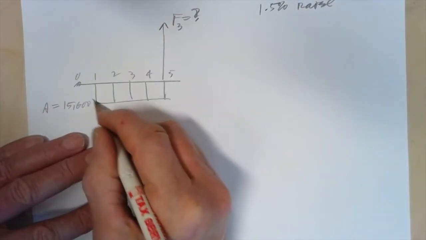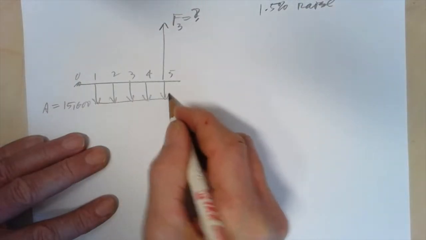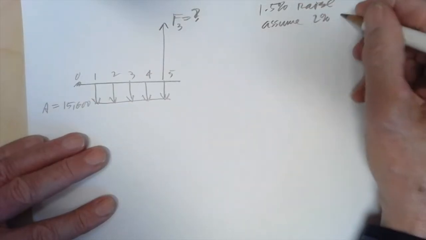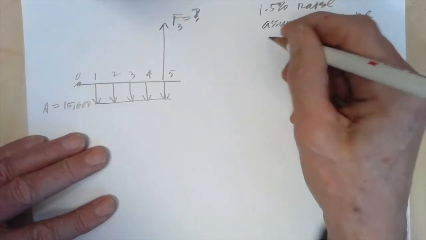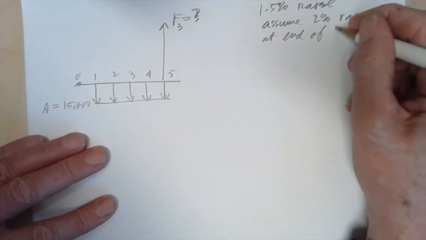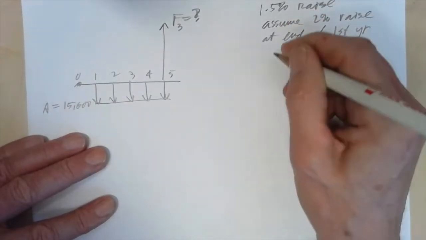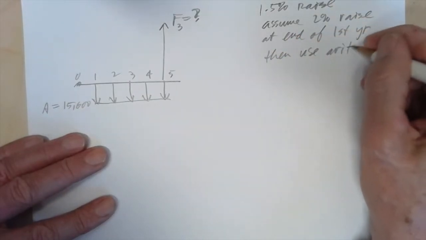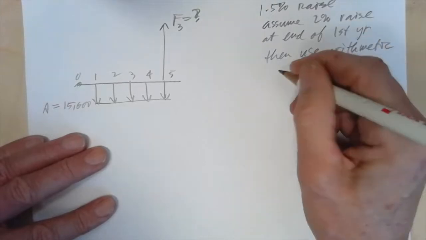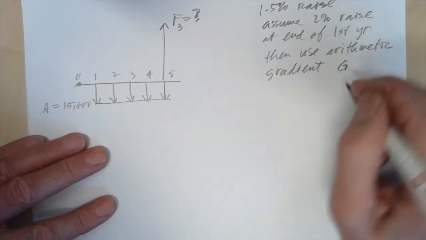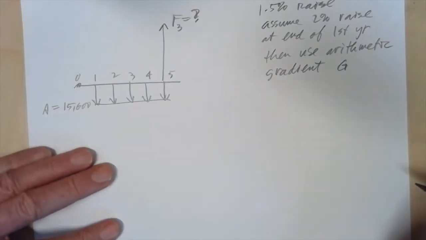What I'm going to do for this example is assume a 2% raise at the end of the first year. Then I'm going to use what is called an arithmetic gradient, G, for the remaining years.